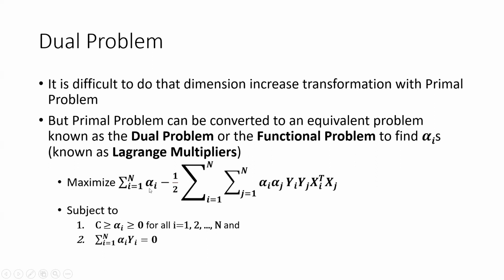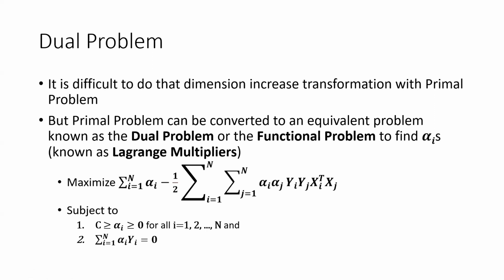Here you can say there are alpha values, which are known as Lagrange multipliers, right? where this i and j are relevant to two different data points, where you have two y values, two x values, and so on, two alpha values. And the idea of this dual problem is that it is equivalent to the primal problem.